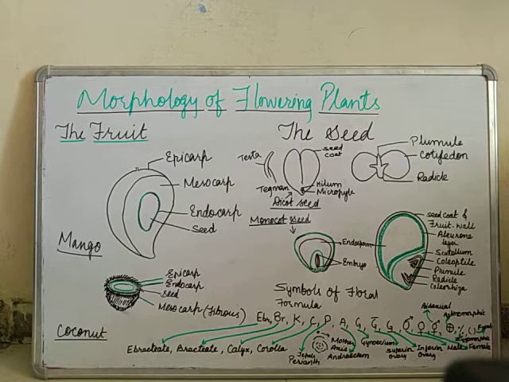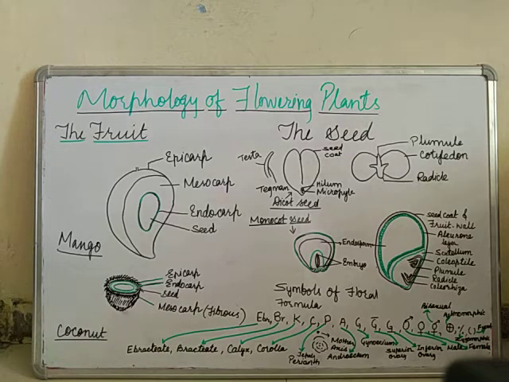Now the endocarp encloses a single seed with a brown testa, the outer part, white oily endosperm, an embryo and a watery fluid called the milk of the coconut. That is present in the coconut plant.